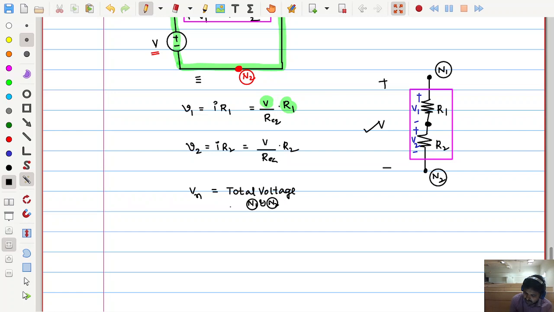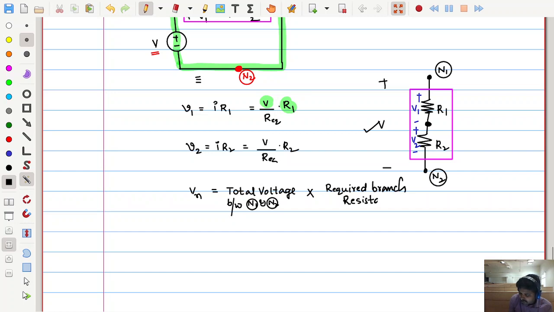Between N1 and N2, how much voltage are you going to apply? Into which branch voltage do you need? That branch resistance. So the required branch resistance.